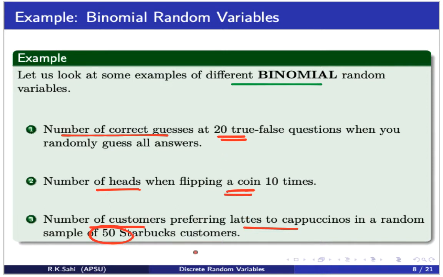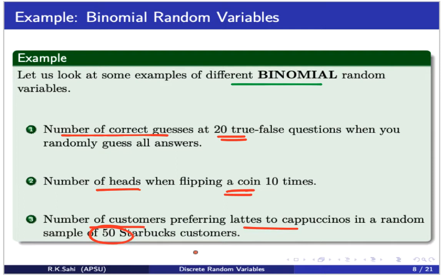So in every scenario, notice there are only 2 possible outcomes for any observation. In the first one, when you are looking at the number of correct guesses, say in a multiple choice quiz or a true-false question, your guess can either give you a right answer or a wrong answer.